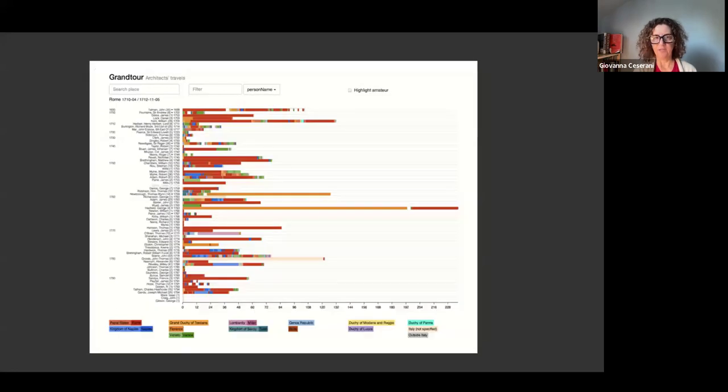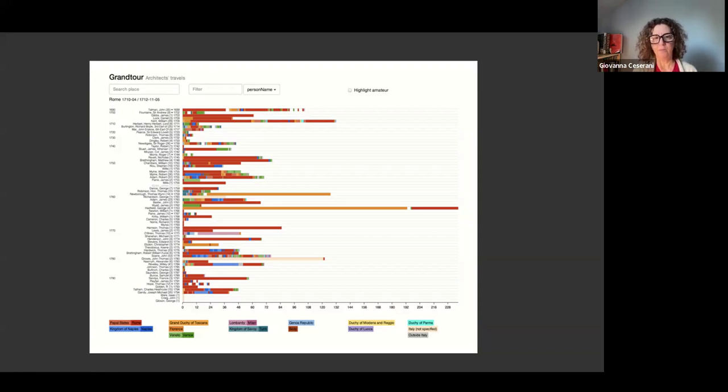What other patterns do we see if we go back to the overall image, beyond the predominance of Rome? Can you see any other emergence of trends in architecture? I think that there are certain things that you can actually see. If you look at the green that dominates in the first part of the century, what you are seeing is the time up to the early 1760s that reflects Palladianism of the early 18th century, when most of the classical inspirations came from visiting Palladian villas in the Veneto region.